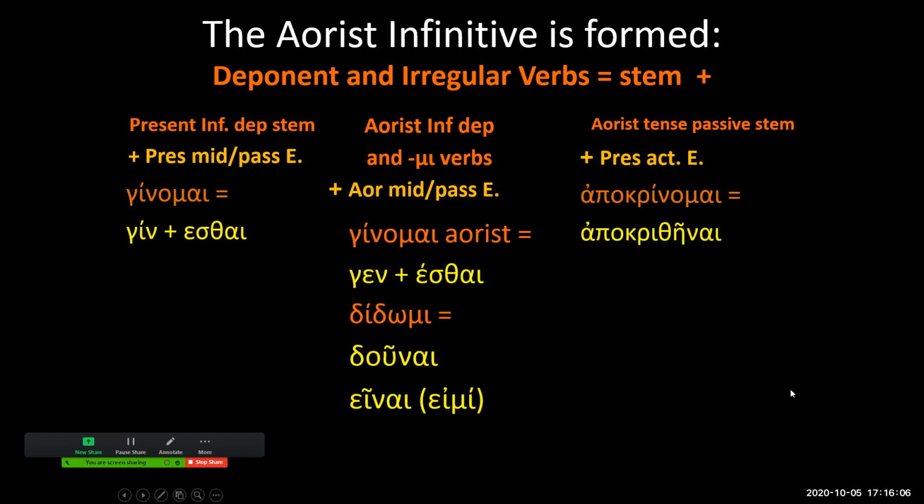So the aorist infinitive apokrithenai will simply mean to answer. The present tense infinitive, to answer. And the aorist tense, because this verb takes the passive form, thenai, but also translated actively, to answer.